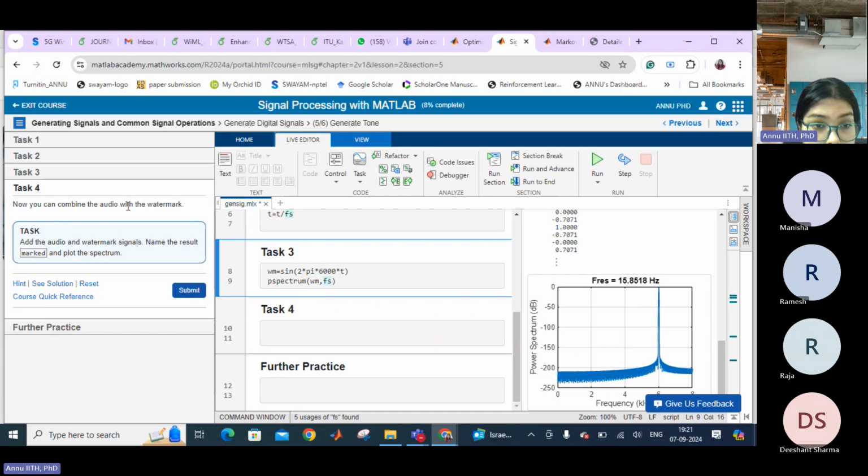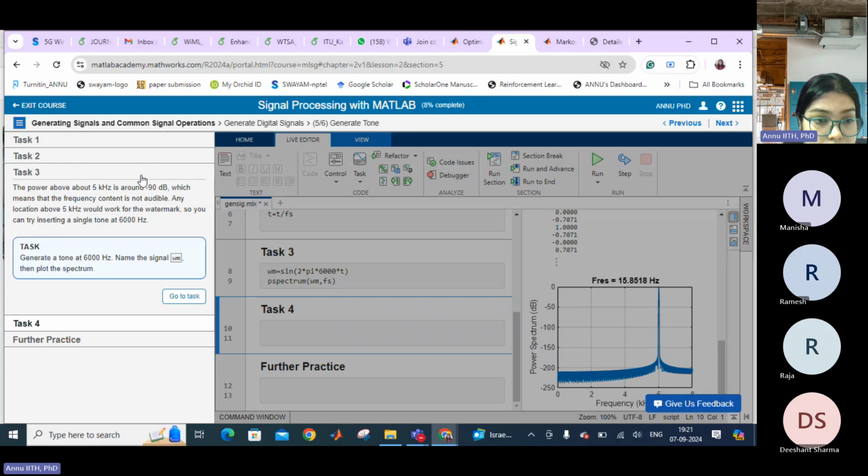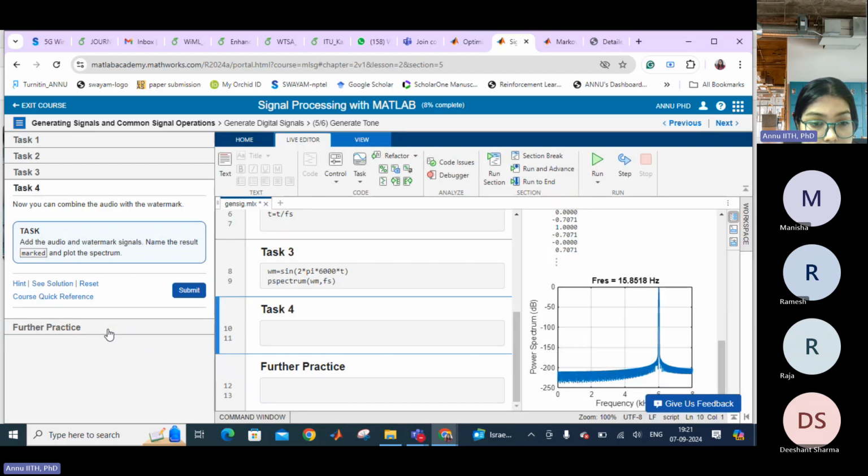Now you can combine the audio and the watermark. Add the audio, name the result marked, and plot the spectrum. Whenever a plot of the spectrum is asked, the power spectrum is asked. So marked is equal to Wm plus flute.